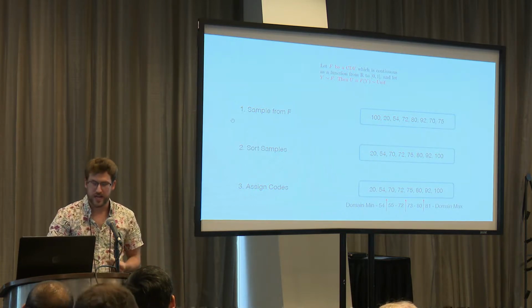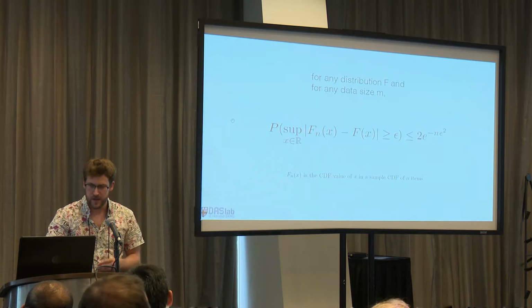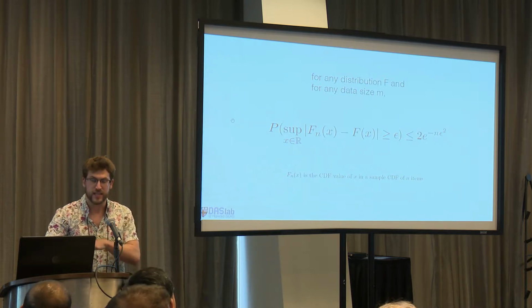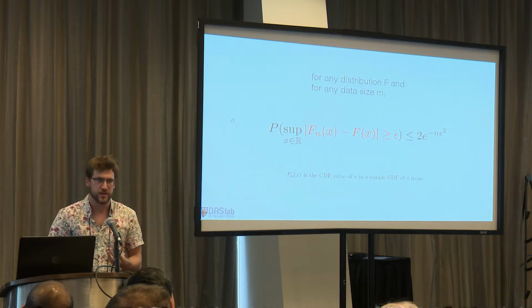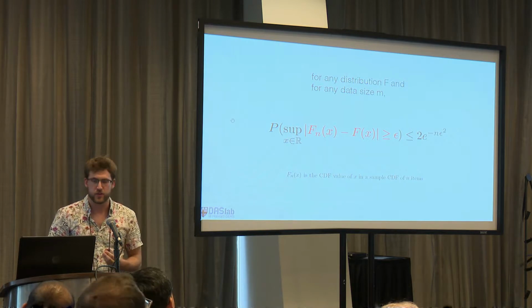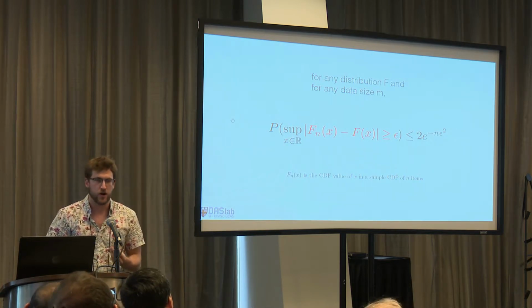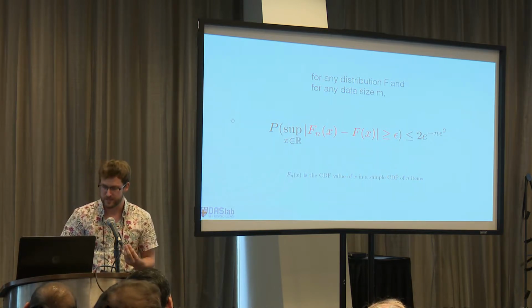So the first question is, how many samples do we need to take? This is going to be something called the DKW Inequality. This thing highlighted in red is the thing we care about. It's bounding the distance that our sample CDF is away from the true CDF. And it's doing this for all values in our domain at once.